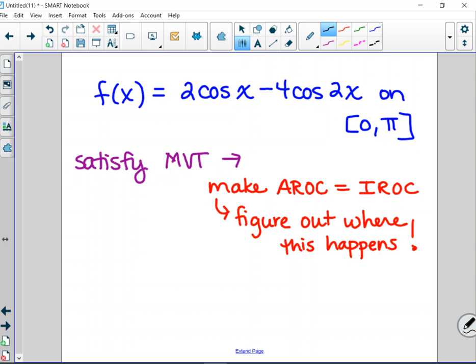So how am I going to find the average rate of change for f on the interval 0 to pi? Ian, how do we do it? Right, so tell me exactly what calculation I'm going to do.